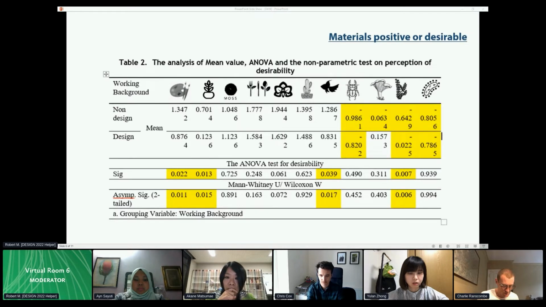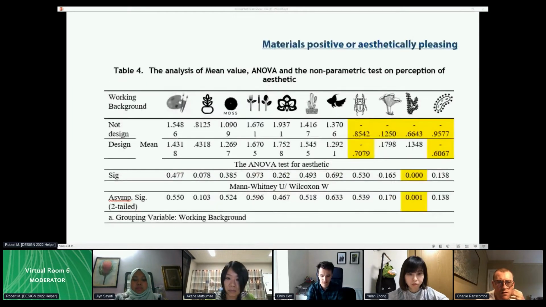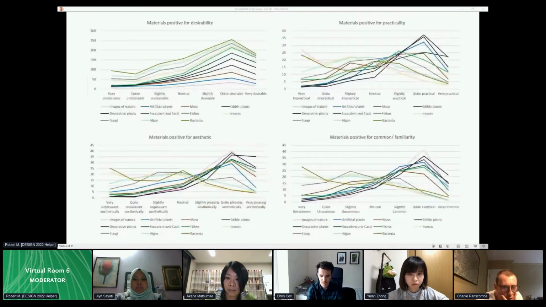The results are highlighted in yellow, mainly representing the significance findings and also the negative responses towards the materials. The graphs in the slide show the overall result for material positive for desirability, practicality, aesthetics, and also for common familiarity.